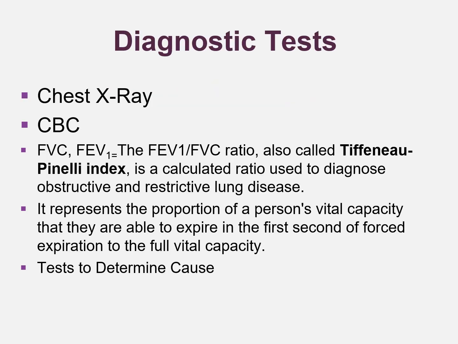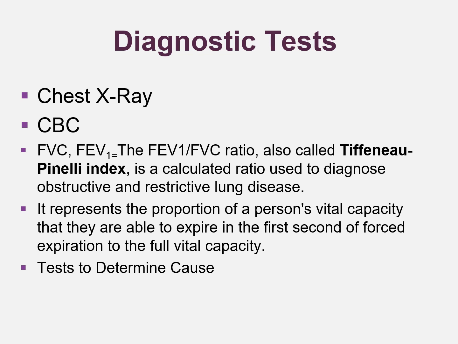So for these patients, we're going to do a chest x-ray, a CBC. We're going to look at the forced vital capacity and the forced expiration volume. And we get this ratio called the Tiffeneau-Pinelli index, and it calculates this ratio to diagnose obstructive and restrictive lung disease.